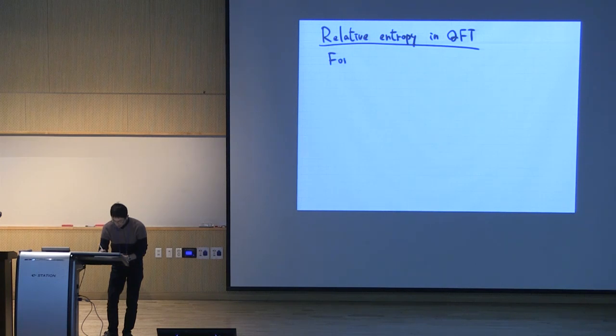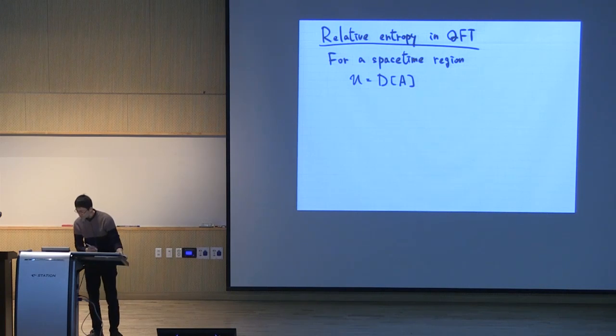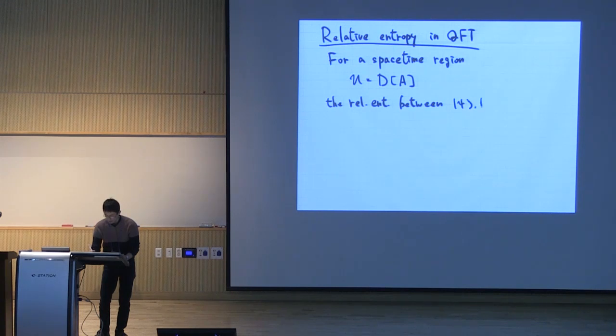So for, say, a space-time region, for simplicity, let's take the space-time region as the domain of dependence of region A. Then we define the relative entropy for two states, psi and phi.